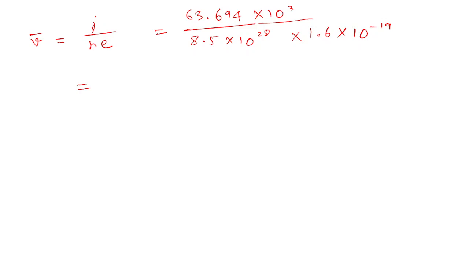8.5 times 1.6 is 13.6. 694 divided by 4.68. 4.68 multiplied by 10 to the power 3 minus 28 plus 19. And the unit will be meter per second for this drift velocity, right?